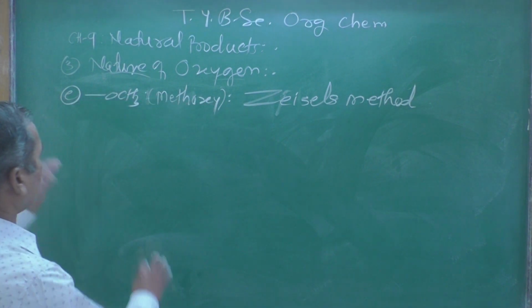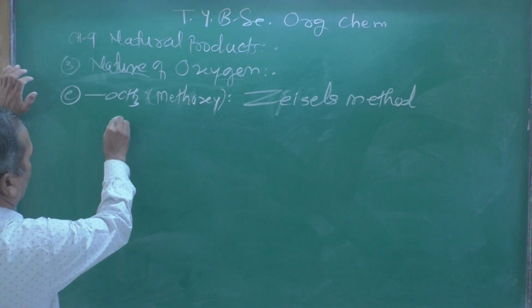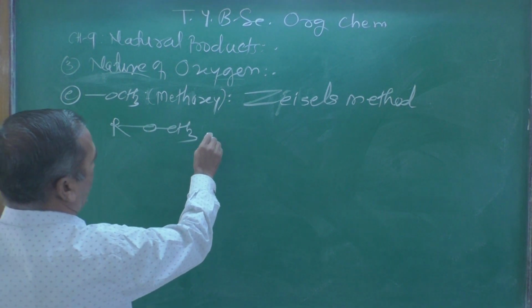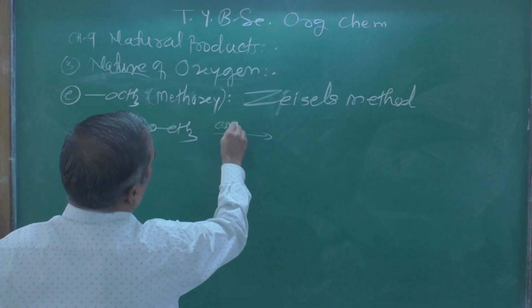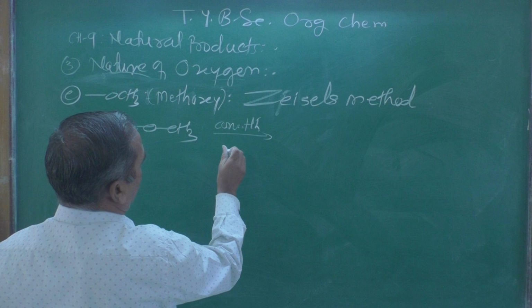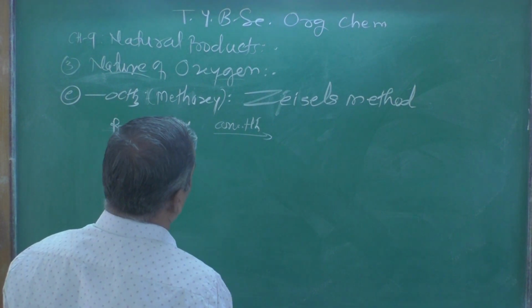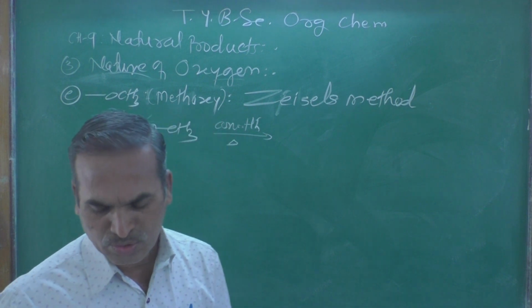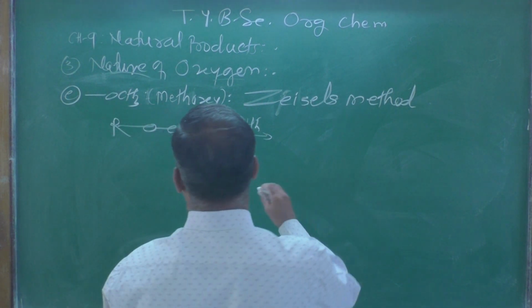As we know, suppose RO and CH3, a methoxy group, is there, and this will be treated with concentrated HI, hydrogen iodide. Just heat it, with concentrated HI. So the reaction takes place.